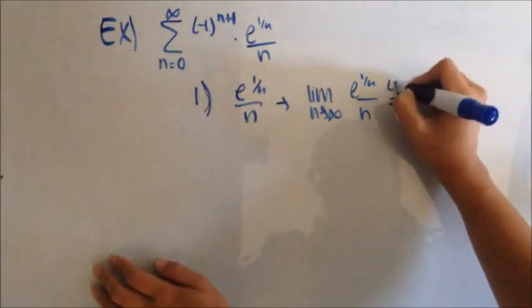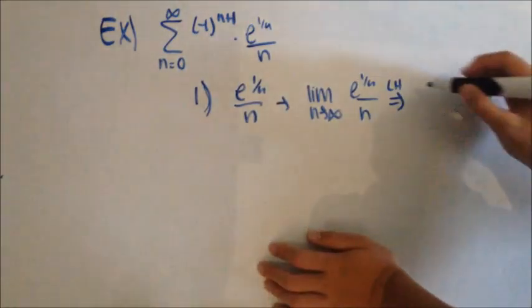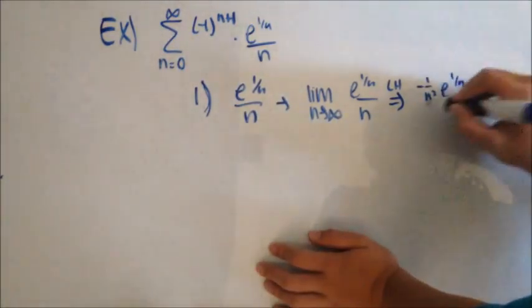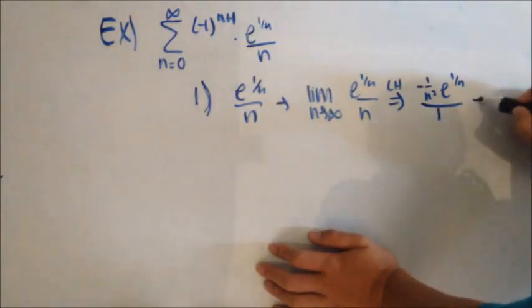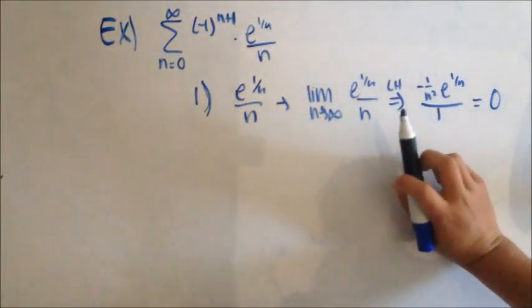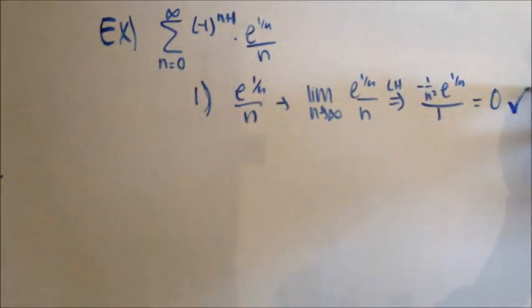It's going to be best to use L'Hopital's rule, so -1 over n squared times e to the 1 over n all over 1. We know that that's going to equal 0 because 1 over infinity is going to be 0. So that's the first step.